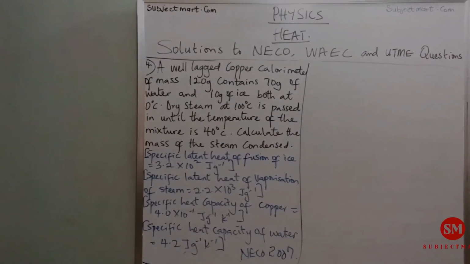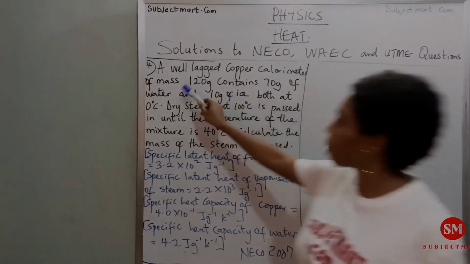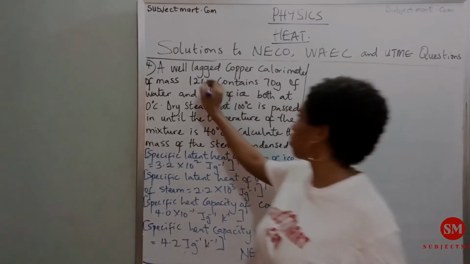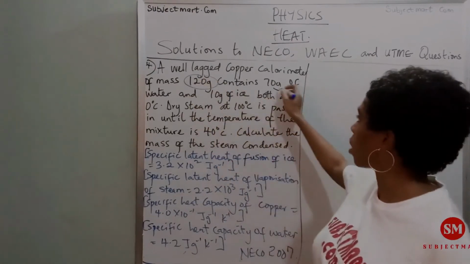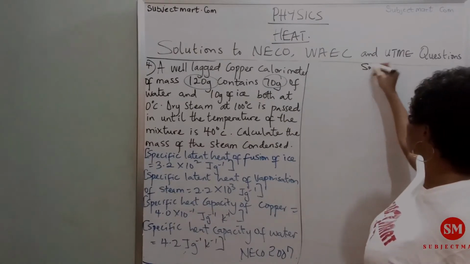The first example we will consider is this. A well-lagged copper calorimeter of mass 120 gram contains 70 grams of water. So, the solution.